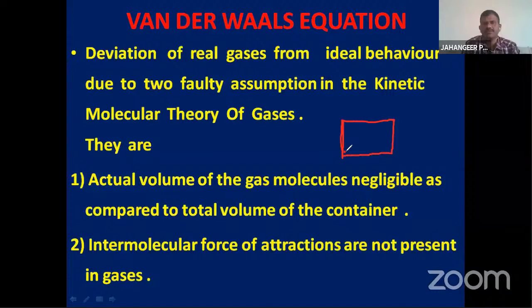According to ideal gas nature, the volume of a gas molecule is very small, so according to the kinetic molecular theory, this volume can be neglected. But this is not possible in the case of real gases. Even a small volume of the gas molecules must be taken into consideration for real gases. This is one of the faulty assumptions of the kinetic molecular theory.